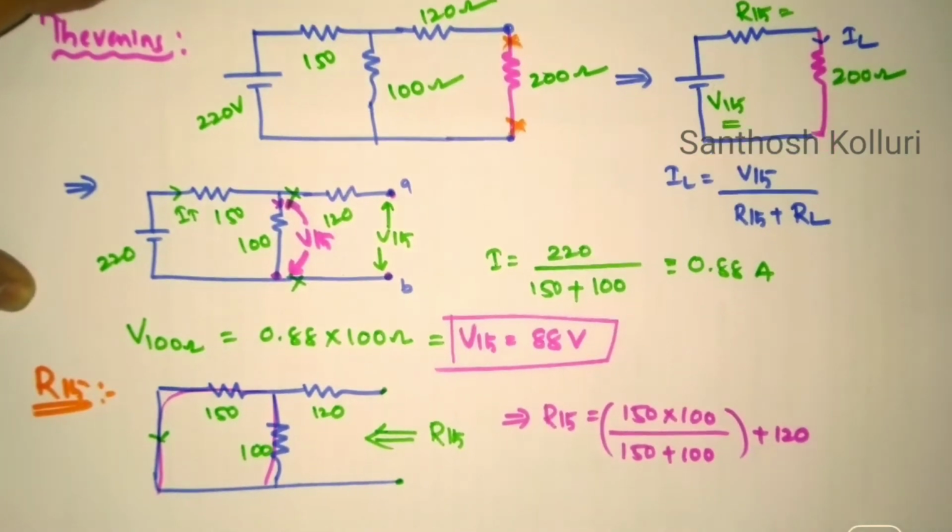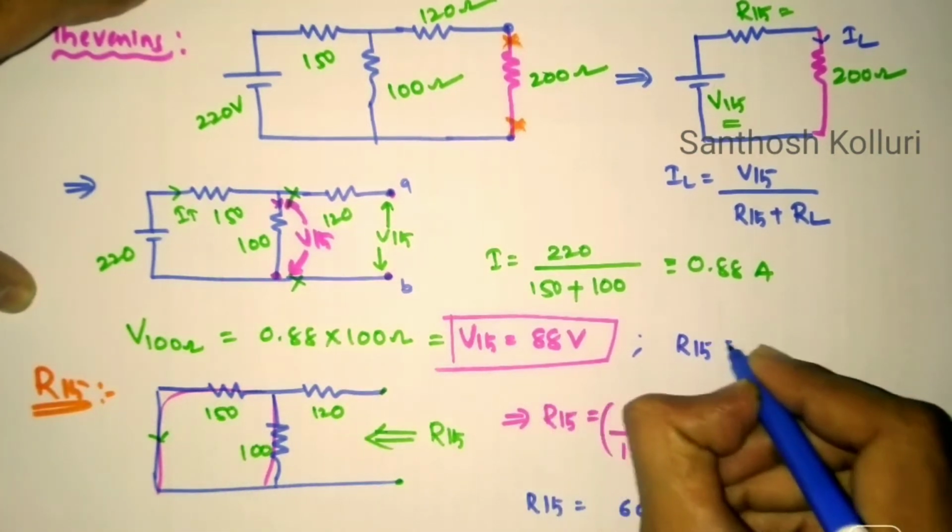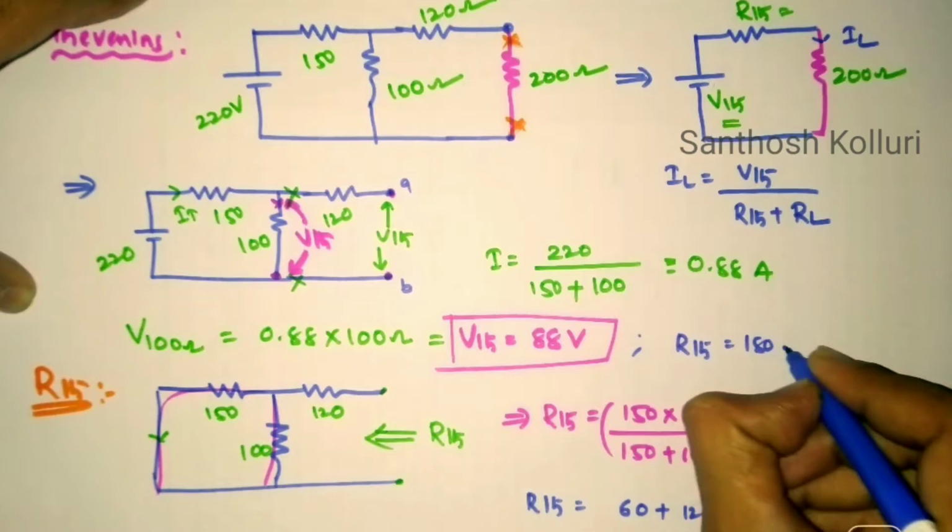If I compute this, my R Thevenin will become 180 ohms. So this is 60 ohms and this is 120 ohms, which is nothing but 180 ohms. So I have calculated V Thevenin as well as R Thevenin, 180 ohms.